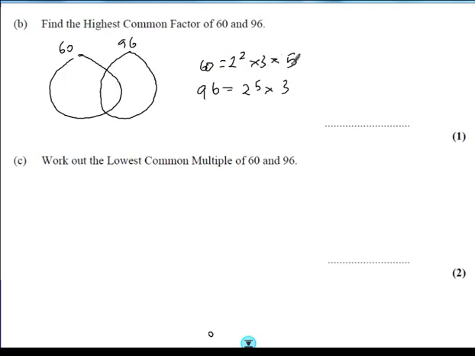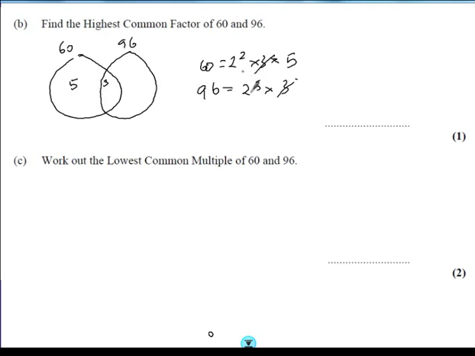96 has a multiple of 3, and so does 60. So I'm going to put 3 in the middle and cross that off. Now 5 is only a factor of 60, so we put that there because it's not in both.